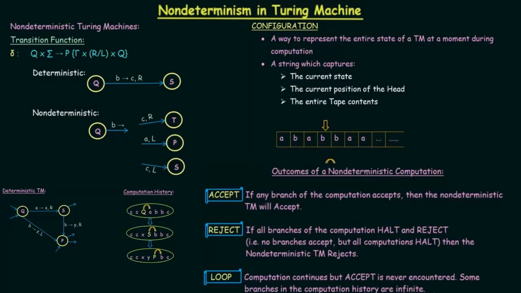Same as the deterministic Turing machine, it can either accept, or halt and reject, or it can go into an infinite loop. That means it is continuing the computation but never reaching the accepting state, which is why it goes over and over again for an infinite amount of time.